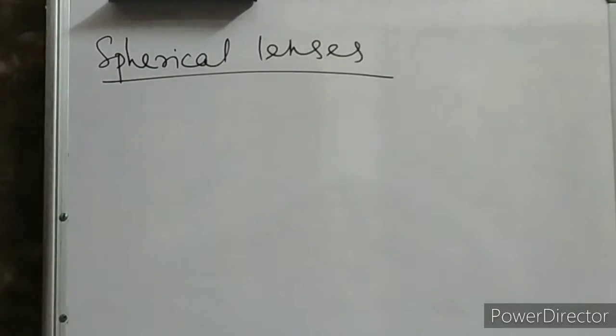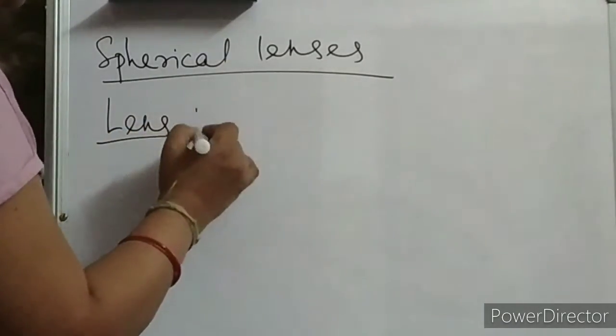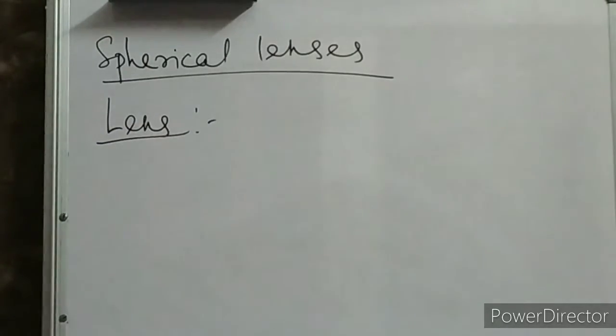Okay, so what is a lens, by the way? Before going to spherical lens, let me tell you what a lens is. Can anybody tell me what a lens is? How is it different from your mirror? Because you have studied plane mirrors, spherical mirrors. Then what is this lens, by the way?